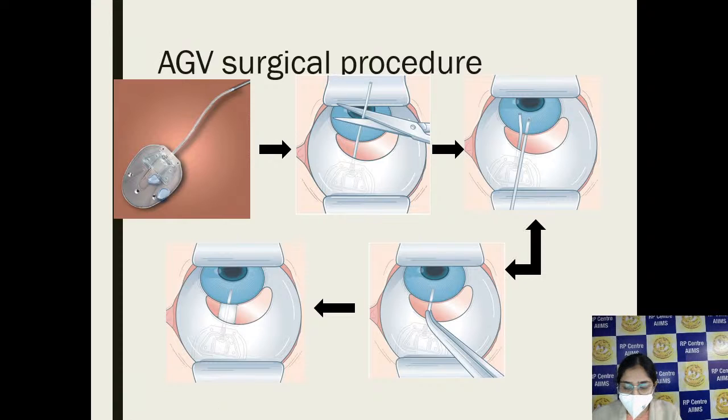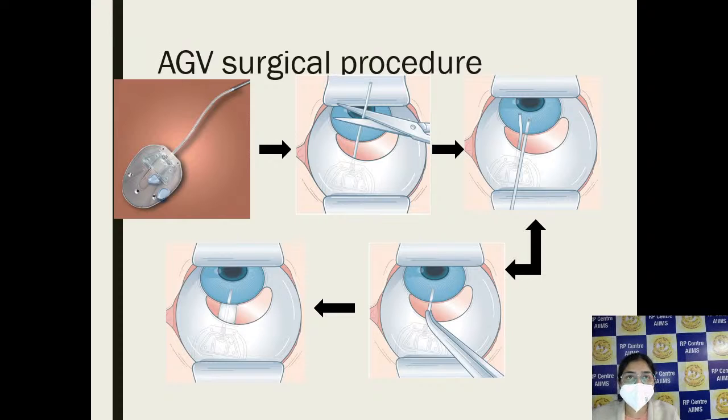The relative contraindication can be in case of vitreous present in the AC, which can go and clog the tube itself, and hence it can fail the surgery. The other thing is silicone oil in situ, as emulsified silicone oil can be present in the AC.